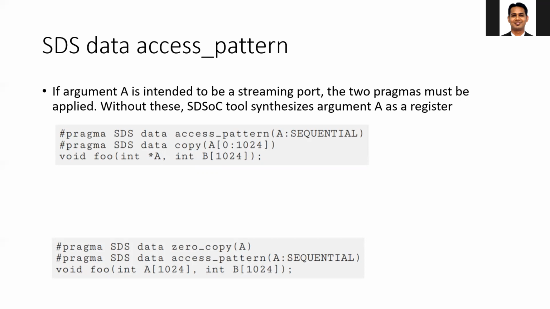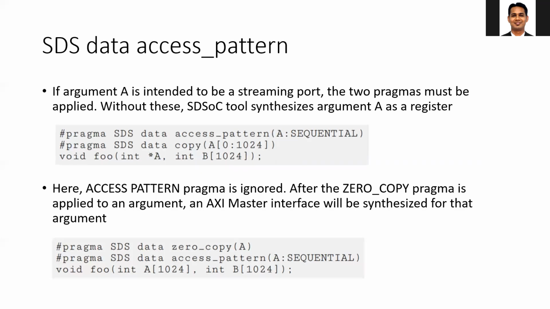Because whether it's sequential or not, the memory map remains the same. The memory map protocol doesn't depend upon whether I'm accessing the data sequentially or randomly. With memory map, I give the address, I give the bus length, I give the bus size, and I get the data. So in that case, the second pragma will be ignored by the tool.